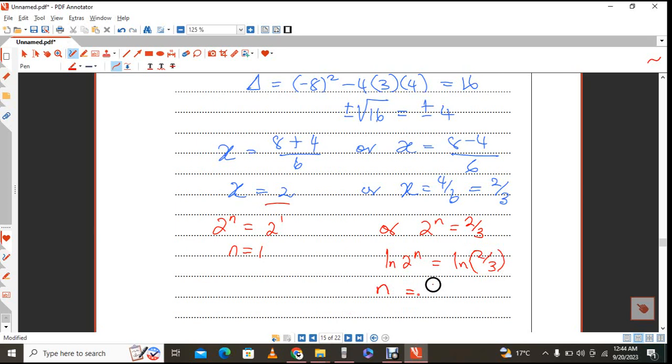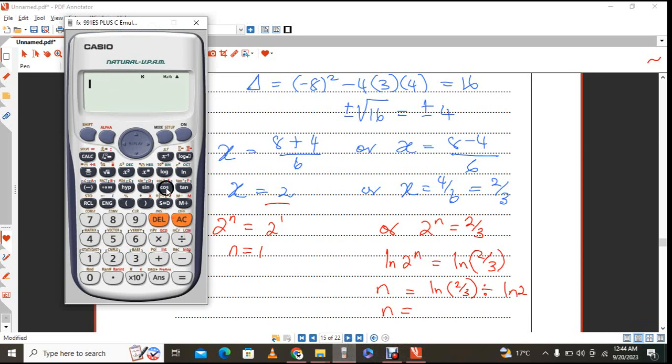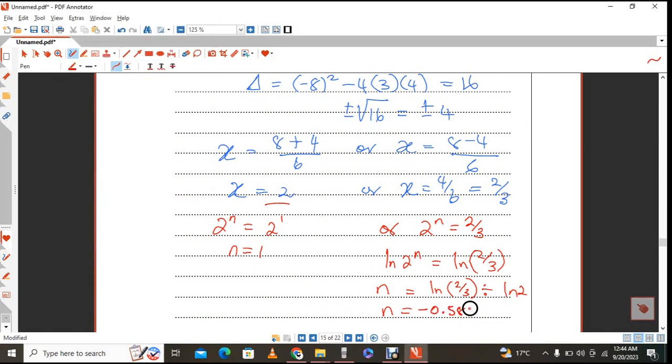So n would be the natural log of 2 over 3, I'm just going to write it out, divided by natural log of 2. Eventually n will give you some value, so let's see what we get. The natural log of 2 over 3, divide that by the natural log of 2. Okay, so you get some negative 0.5849625 and so on.